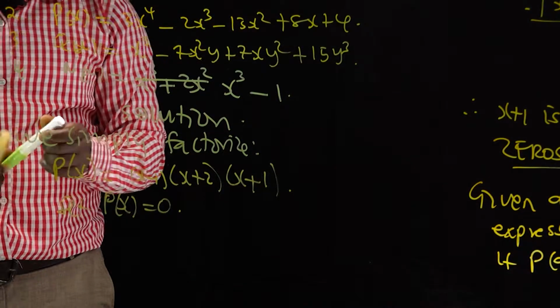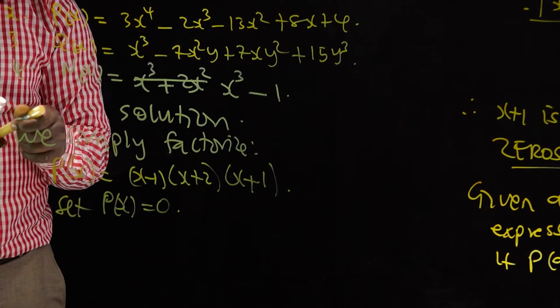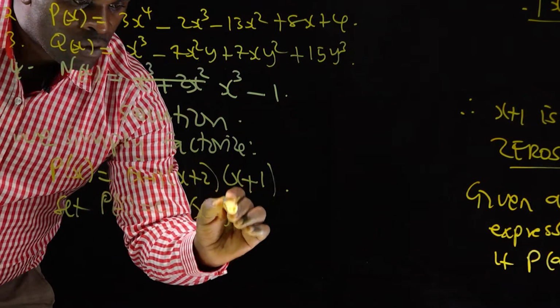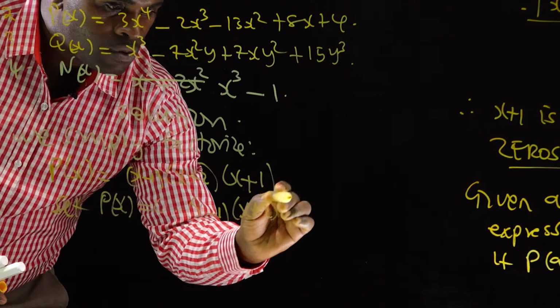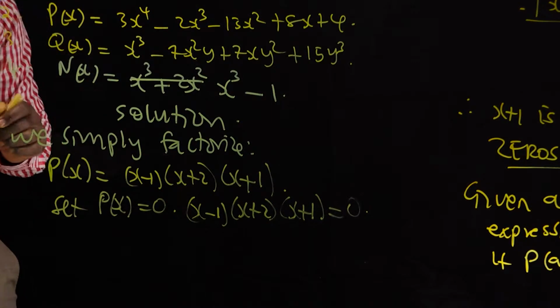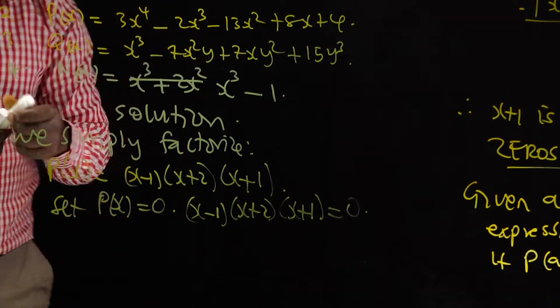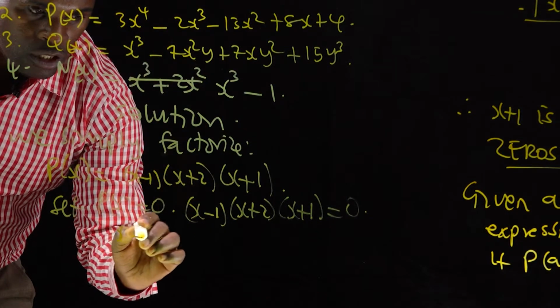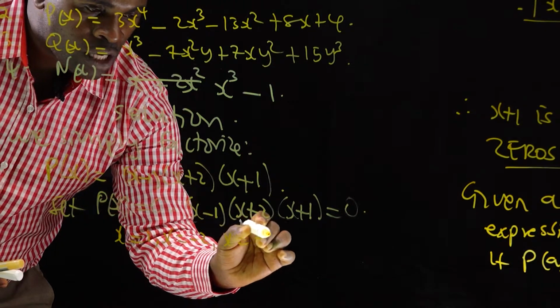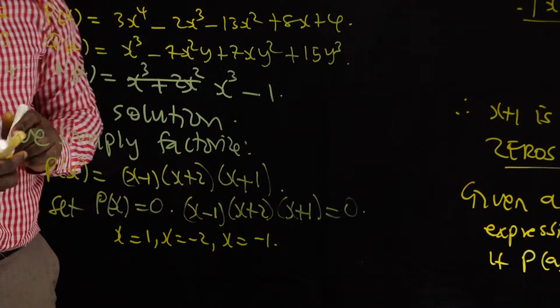Upon setting the function equals to 0, this is now easy to say x minus 1, x plus 2, x plus 1 equals to 0. Solving for the result, now we have x equals to 1, x equals to negative 2, x equals to negative 1, hence zeros.